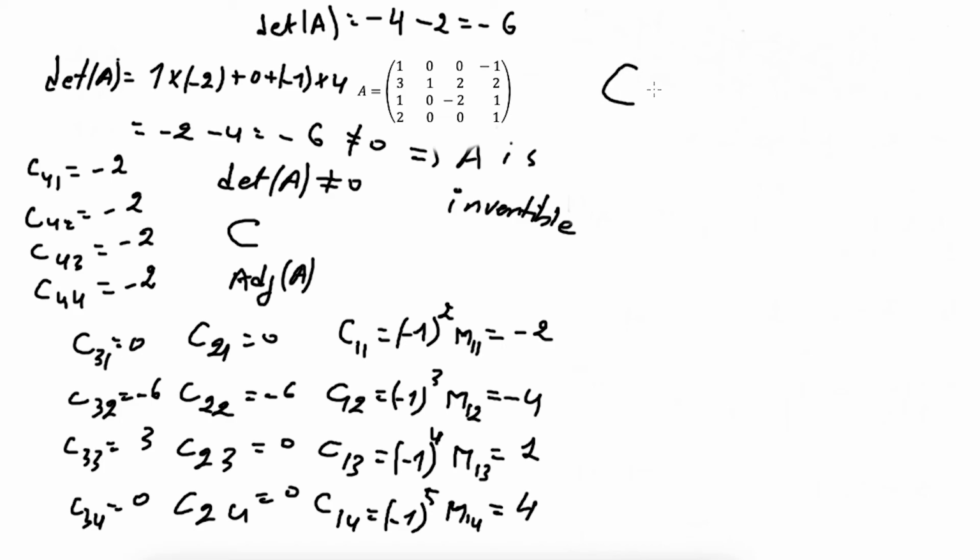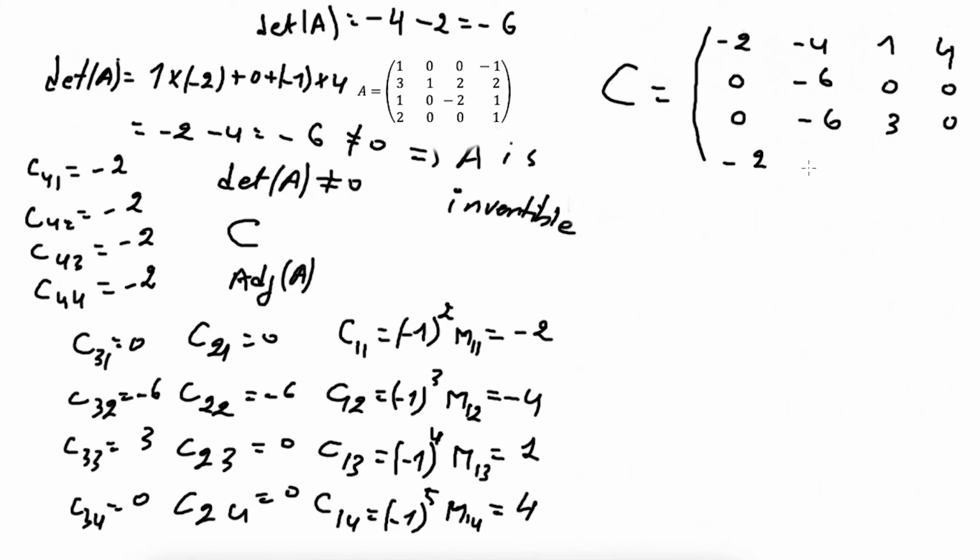The matrix C will be a 4 by 4 matrix, so C11 is minus 2, C12 is minus 4, and C13 is 1, and C14 is 4, and C21 is 0, and C22 is minus 6, and C23 is 0, C24 is 0, and C31 is 0, C32 is minus 6, C33 is 3, C34 is 0, and C41 is minus 2.